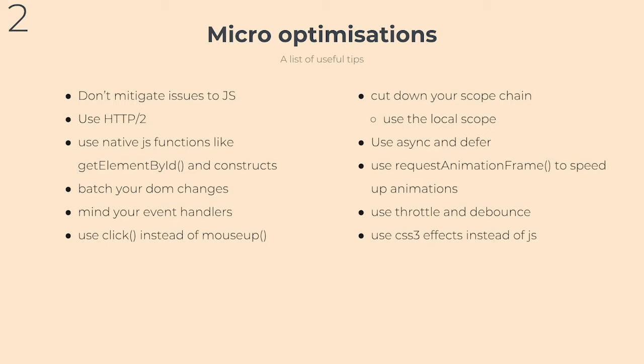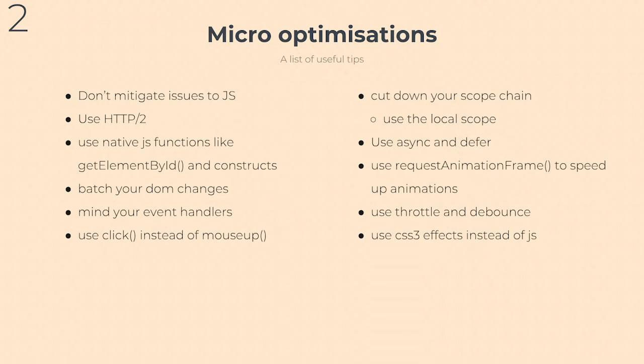You can also improve your event handlers. So you need to think about how you can write the code differently and not append click handlers everywhere, because this can reduce the performance quite drastically. And if you need to use them, you can use throttle and debounce.